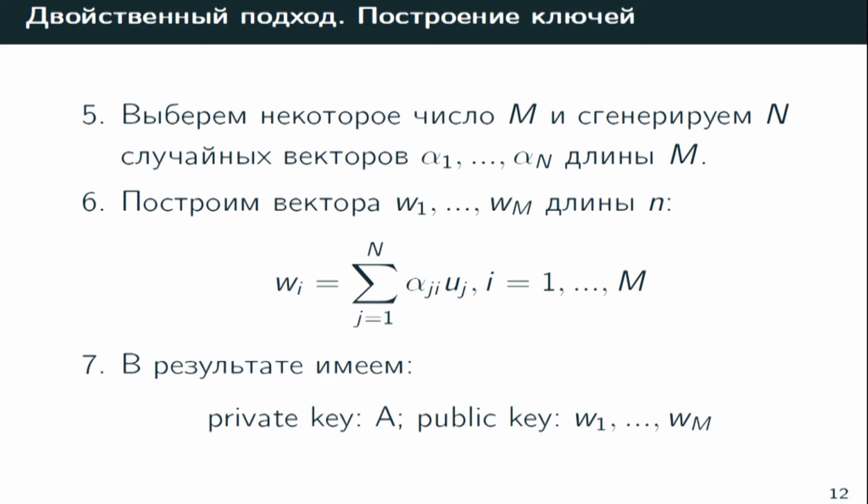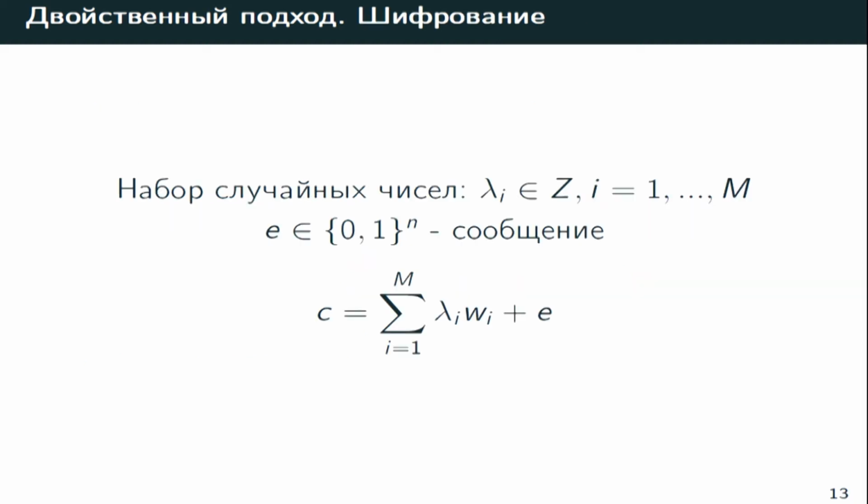For each of the solutions, we generate a random alpha vector, and we make the vectors that are the open key. And so we have the closed key, the source matrix, for which we found linear dependencies, and the public key.